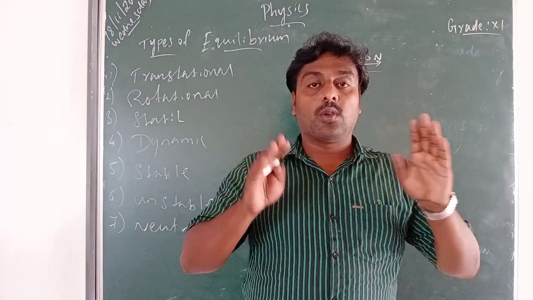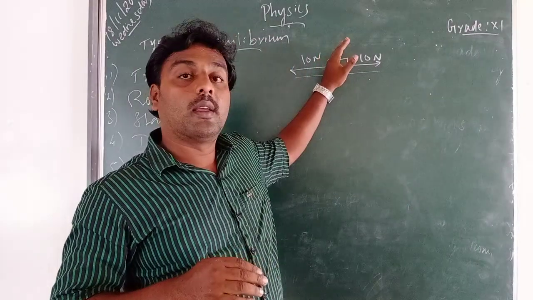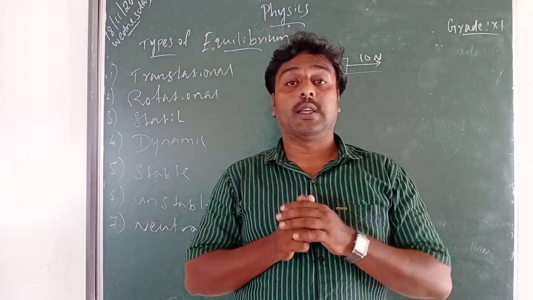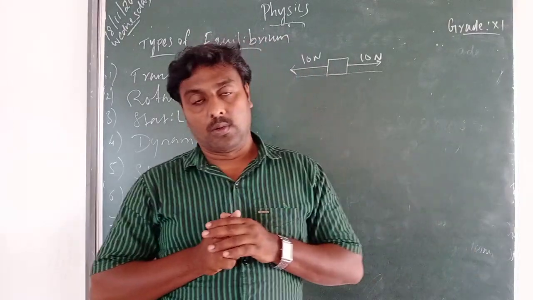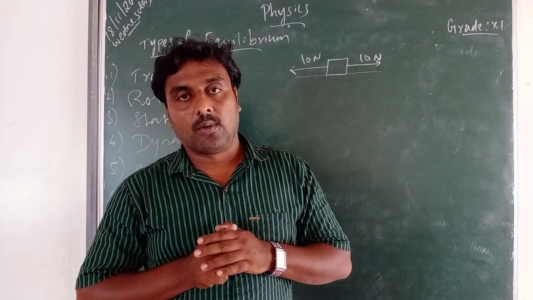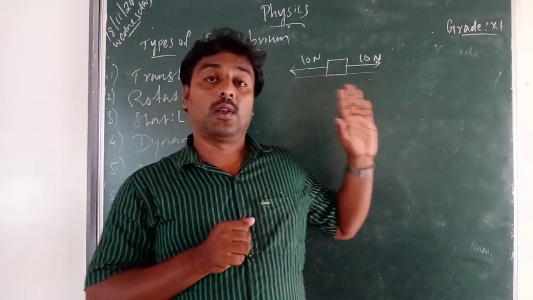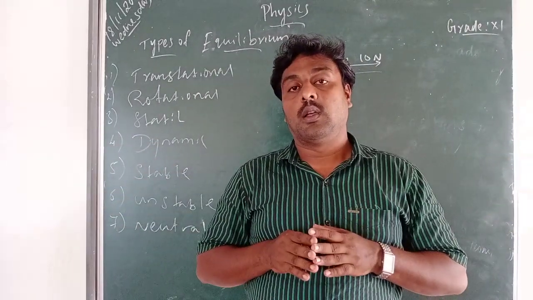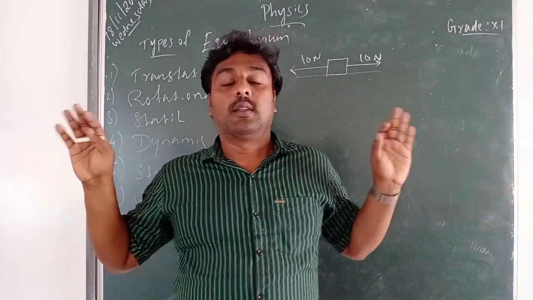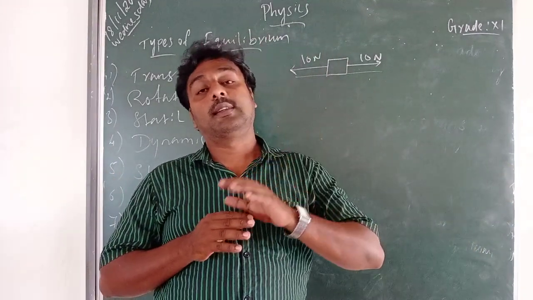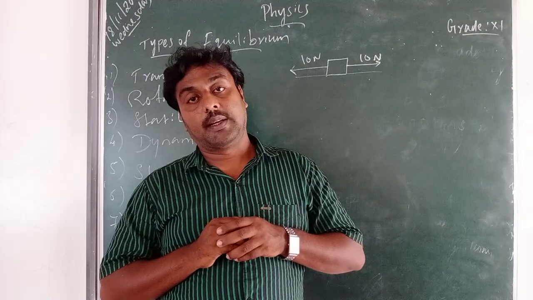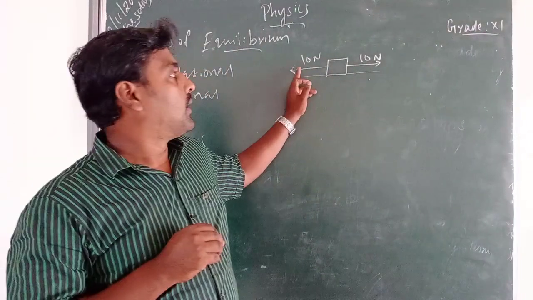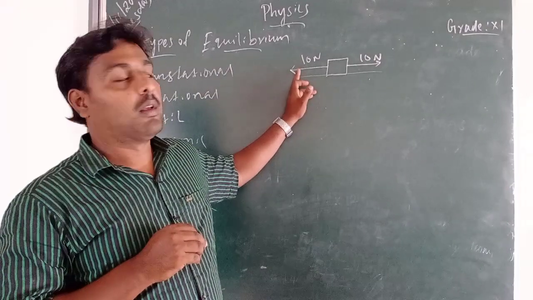So when you and your friend are applying 10 Newton force on each side of this object, what will happen now? The object will not move to this side or to this side. It will be in the state that we call translational equilibrium. And what will happen to the force?